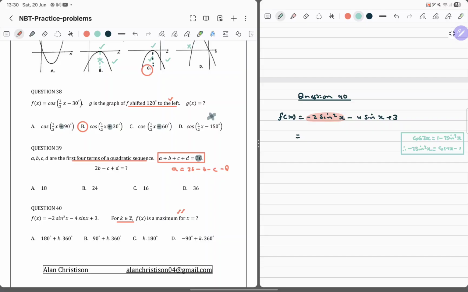I know we can factorize this thing. Let's take this out. I'm also thinking of completing the square, you know. But if I complete the square, I'm going to run into problems, am I not? I think so.